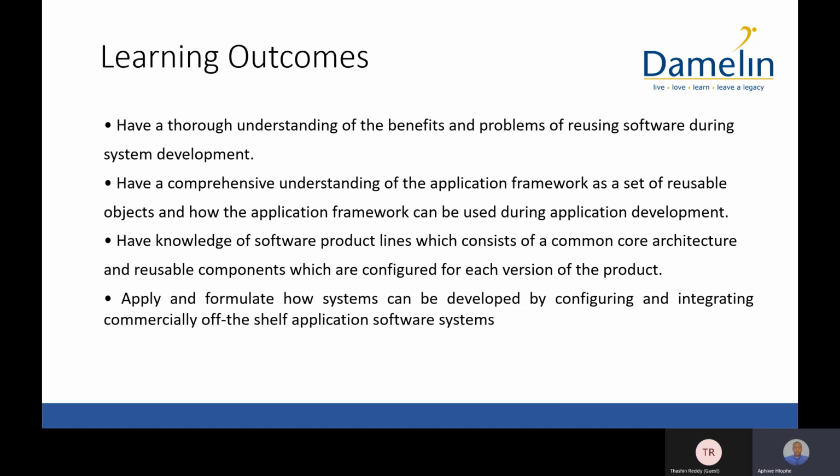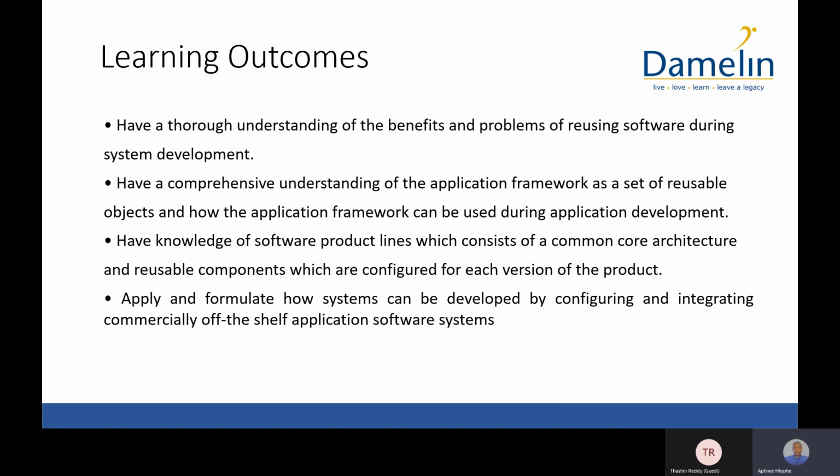So in this study unit, these are the following learning outcomes. Have a thorough understanding of the benefits and problems of reusing software during systems development. Have a comprehensive understanding of the application framework as a set of reusable objects and how the application framework can be used during application development.